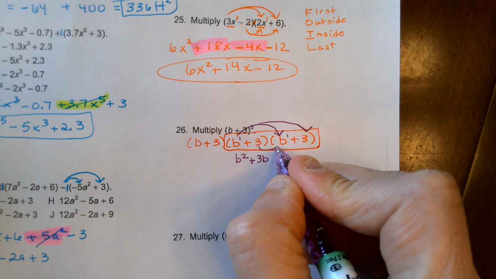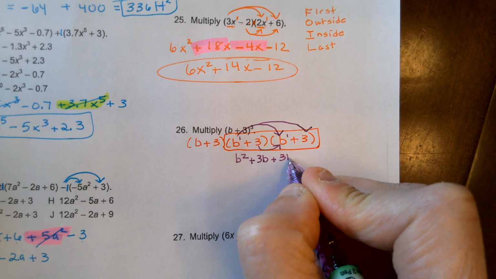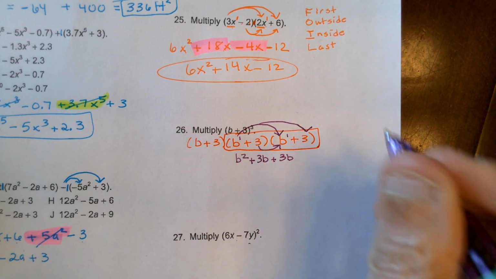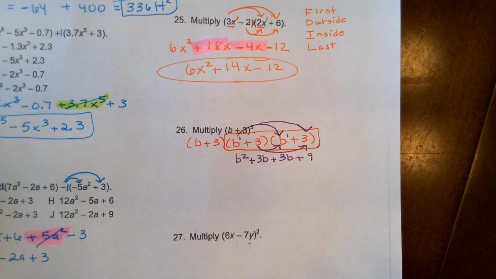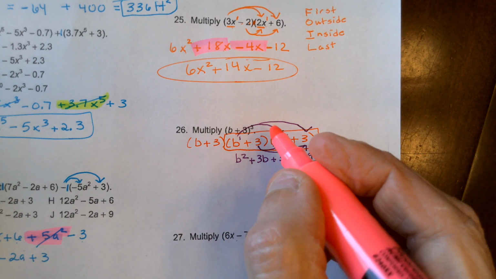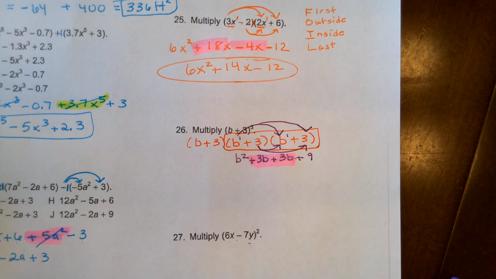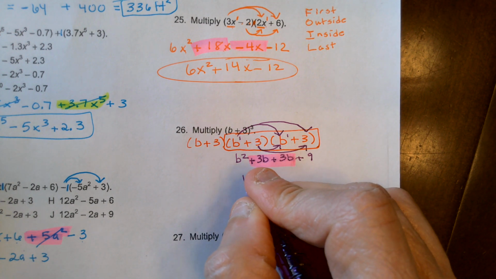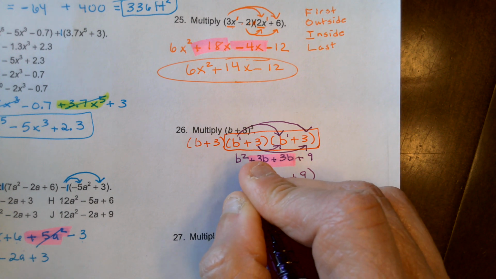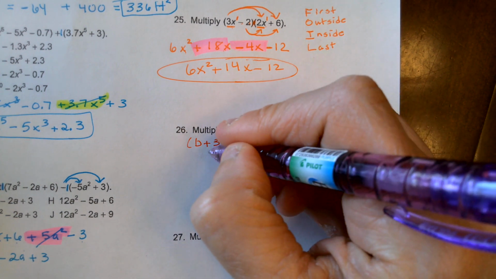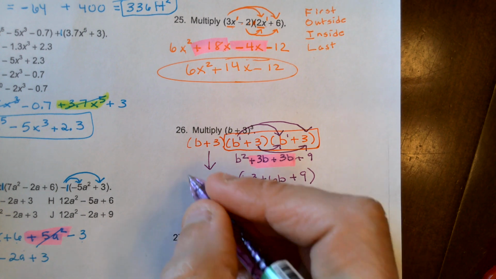Inside, 3 times b is 3b. Last, 3 times 3, 9. Are there any like terms? Yes, there are, those two. So 3b and 3b is 6b, because we're adding. Put them in parentheses and drop that guy down.